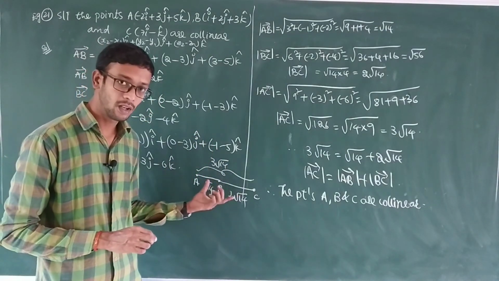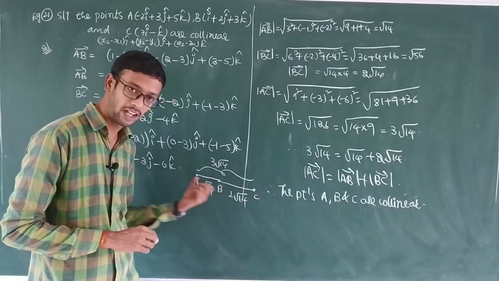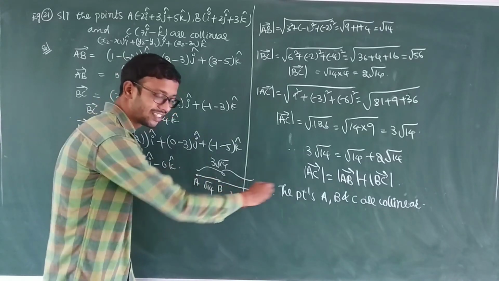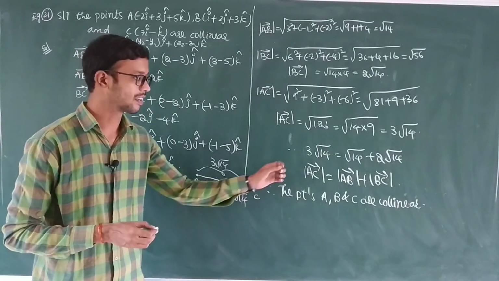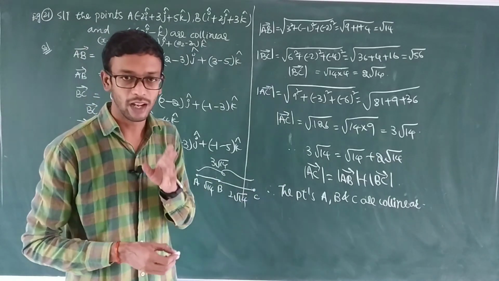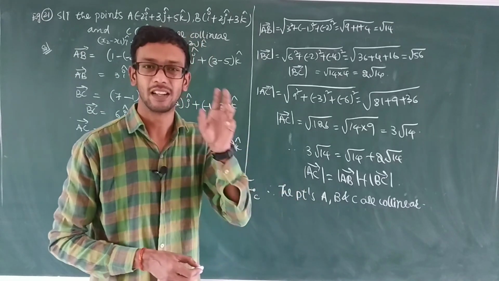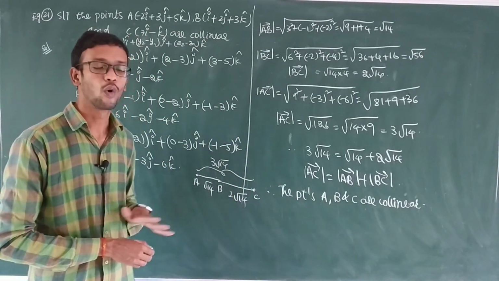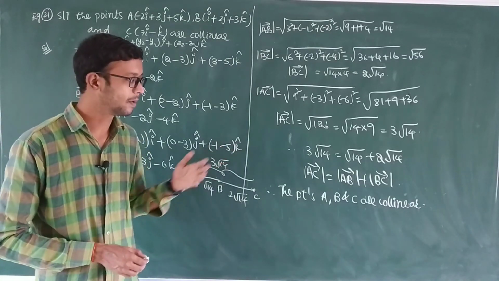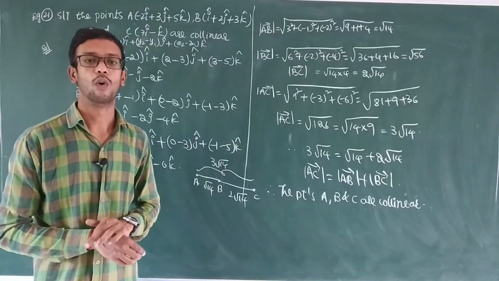When the sum of the two lengths is equal to the third length, that means the 3 points lie in the same line. This condition makes the 3 points compulsorily lie in the same line, that is collinear. So based upon this we can conclude the 3 given points are collinear.